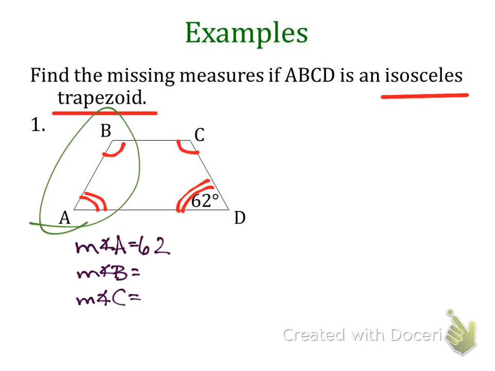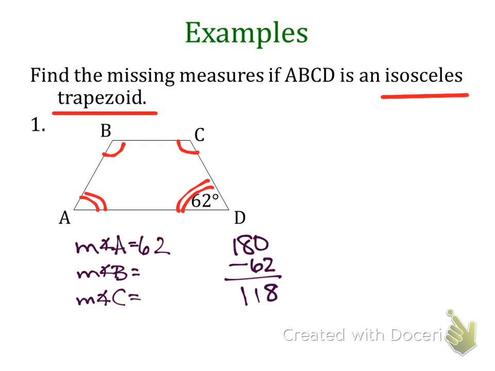So A and B should add up to 180. D and C should add up to 180. So after subtracting from 180, both of those angles are 118.